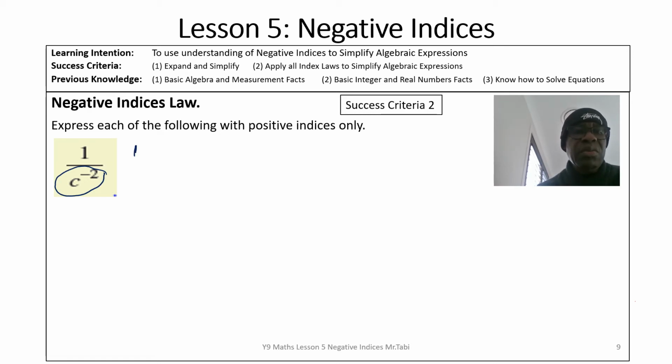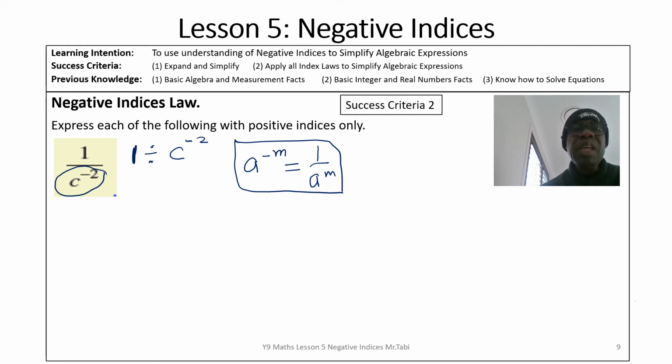So you've got 1 divided by c to the power minus 2. But I know in general, a to the power minus m will be equal to 1 over a to the power of m. That's the law I am applying. That's our success criteria here.